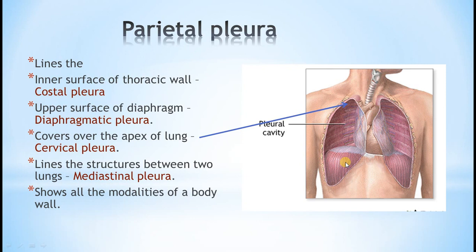The parietal pleura shows all modalities of a body wall. It is supplied by the blood vessels and nerves of the body wall, and it also has pain sensations, like that of the body wall.